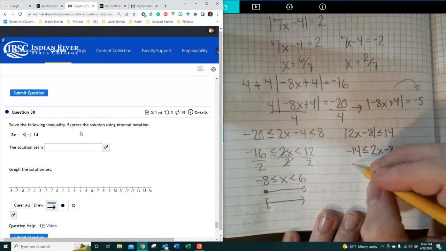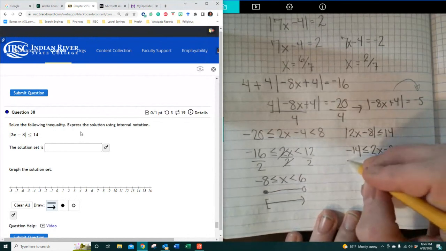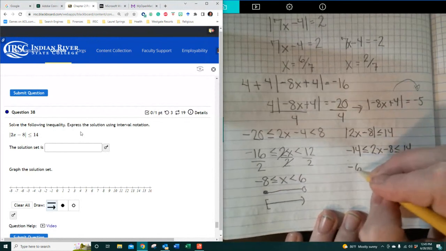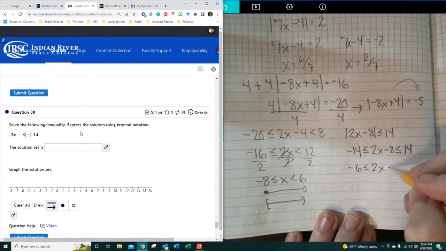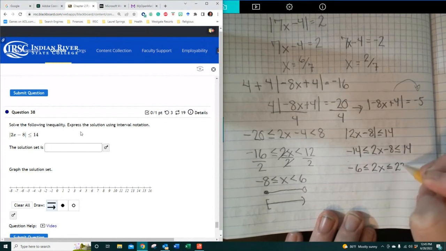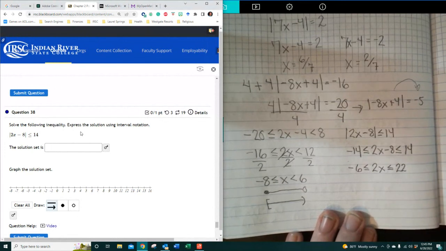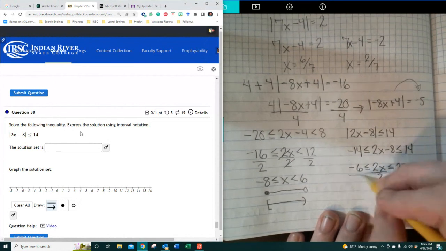Just like we did with this problem, we do the same for this. We're going to go ahead and add 8 to both sides. Adding 8 to both sides. All right. And then go ahead and divide all things by 2.